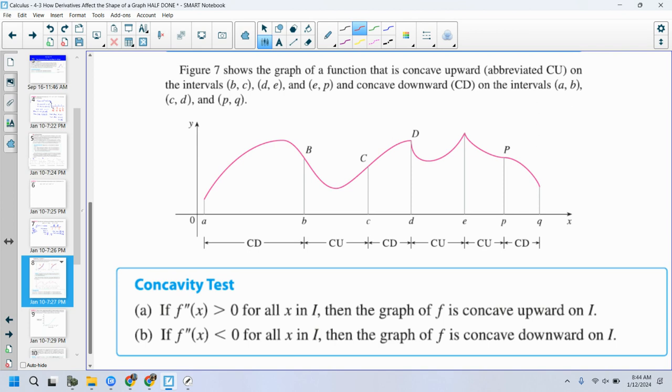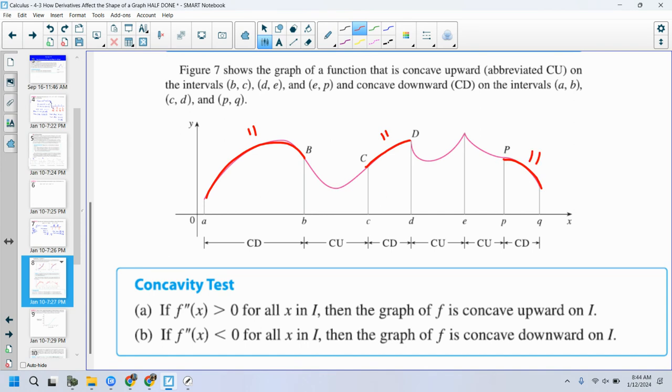Okay, and this is just an example, a visual representation of the differences, concave upward versus concave downward. Notice that each concave downward is a frowny face, right? Concave downward, that's concave up, concave down. They're all frowny faces, right?